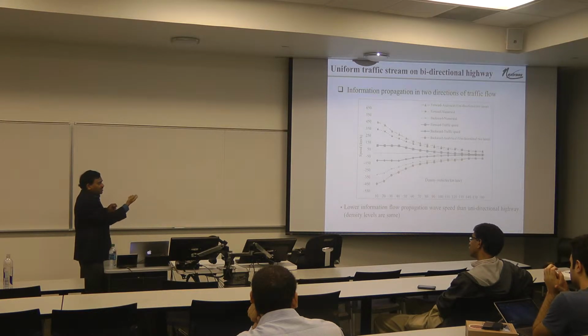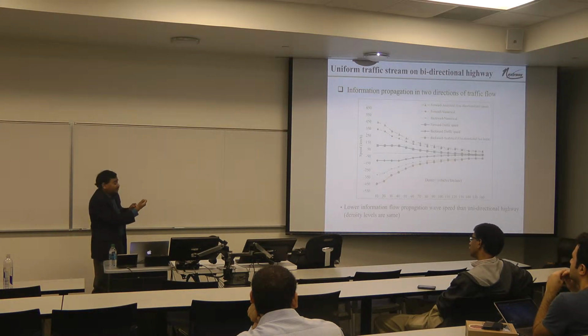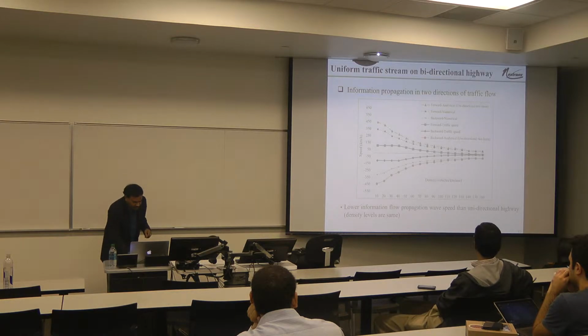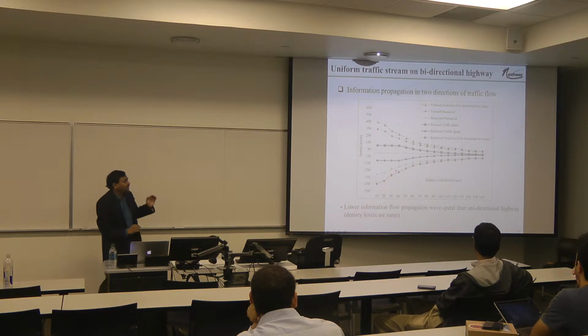Here, we have some information that's propagating in both directions, so there is the effect of the other direction showing up in terms of interference, and that's where it is in the wave speed. That's the reason why when we have the two directional case, we cannot solve it in a closed form manner, it has to be numerical. We'll see that the envelope here is the single unidirectional two-lane case.